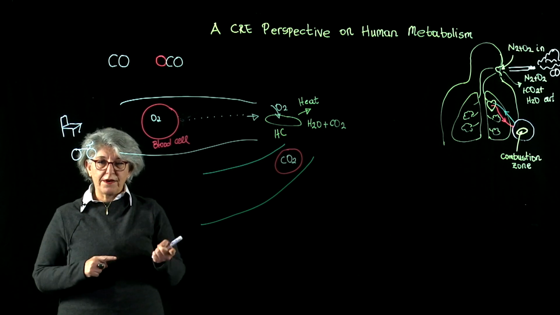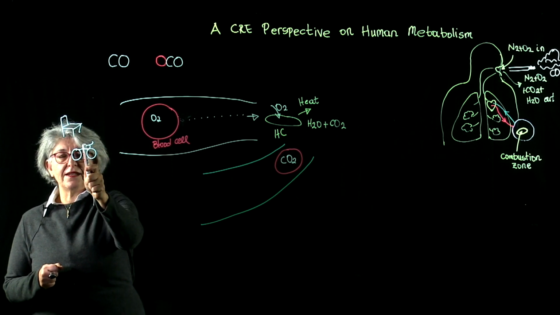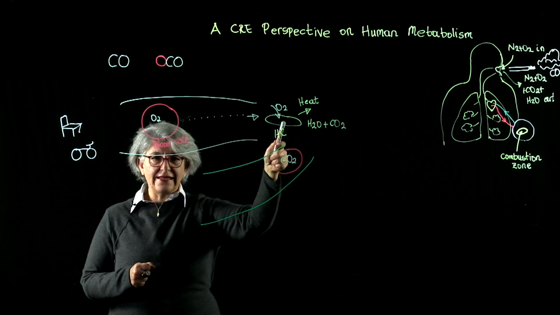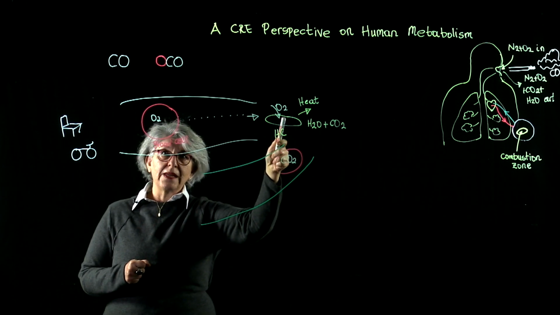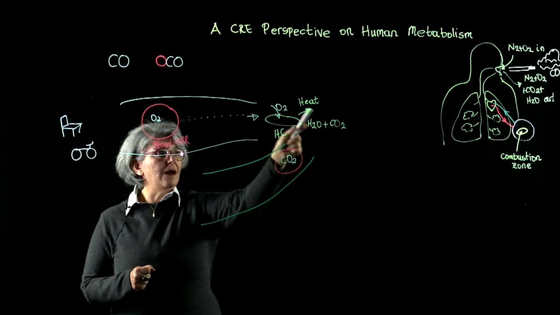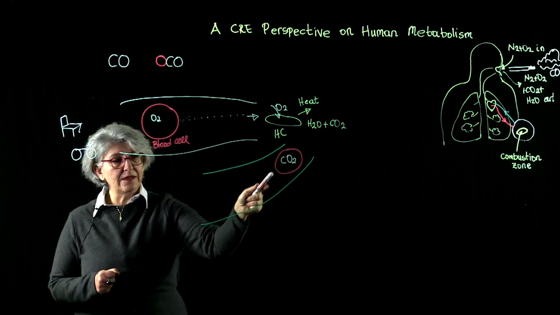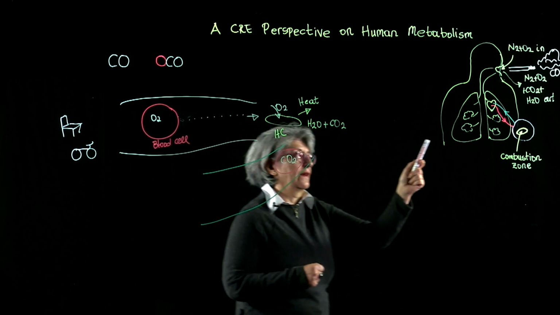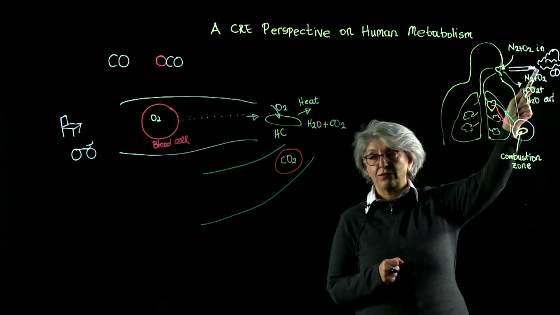In the normal operation of this process, oxygen takes the ride, goes and gets rested in the combustion chamber. While the site is vacated, carbon dioxide produced in this cell is being transported back to the heart, then to the lungs, then out.